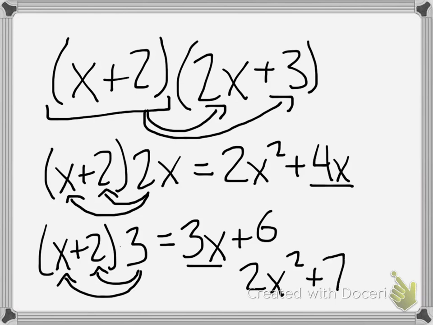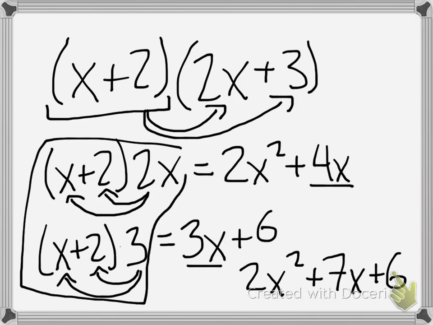That's plus 7x plus 6. Now, I look at this and I think, is there a more efficient way? Rather than writing out this intermediate step. In fact, where both of these are binomials, that is, as in this case, each of these have 2 terms, there is a more efficient way.